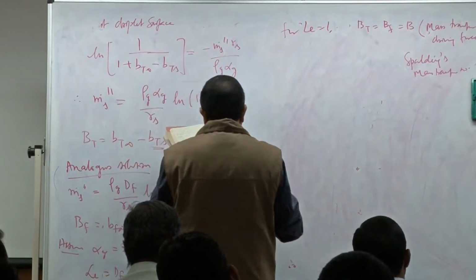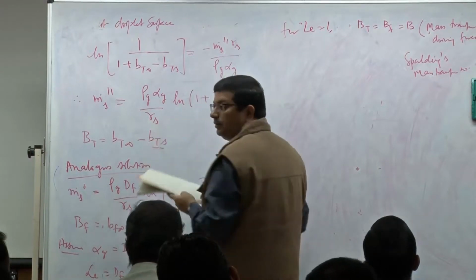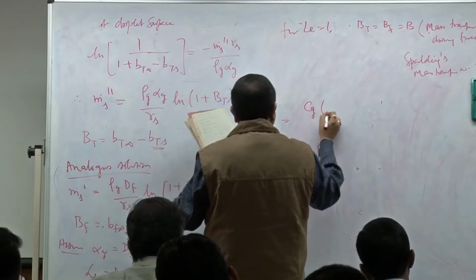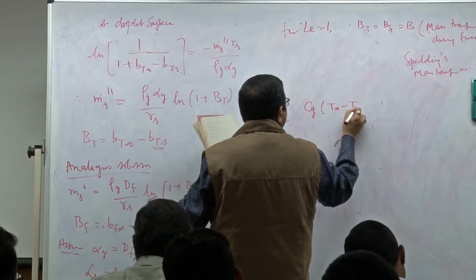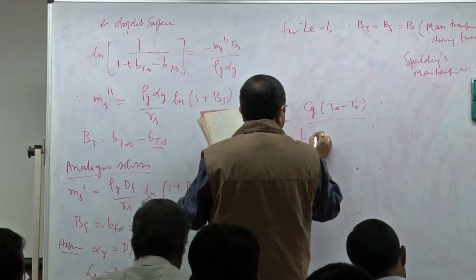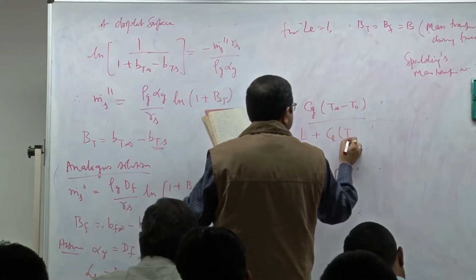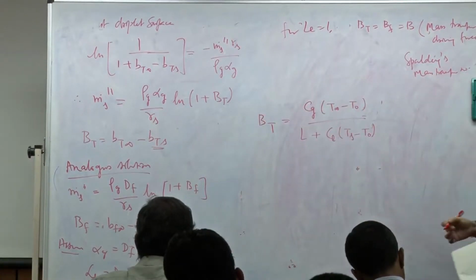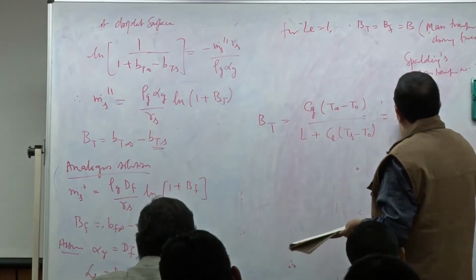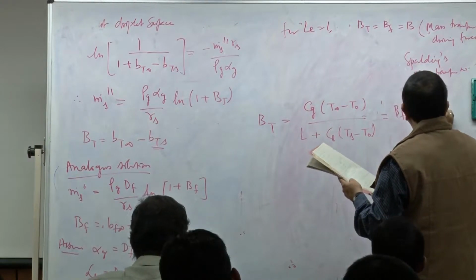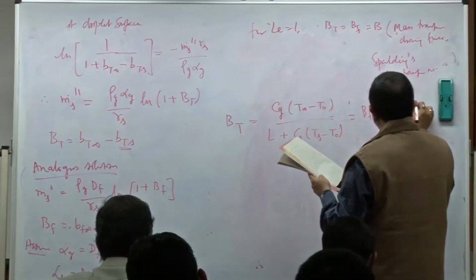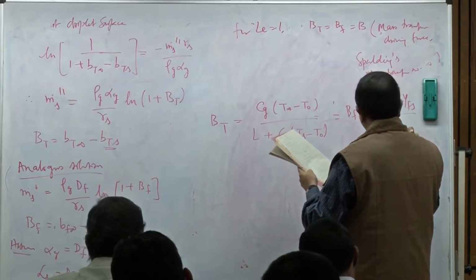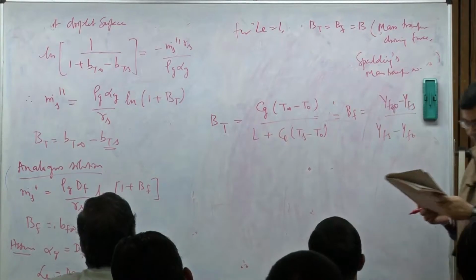With this, we get B T is equal to this expression we have already obtained earlier. This is the value of B T, and this is equal to B F, which is equal to the other expression.